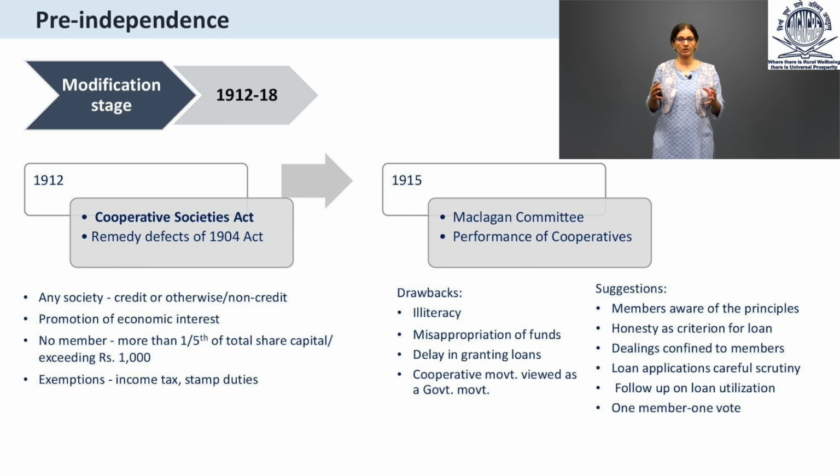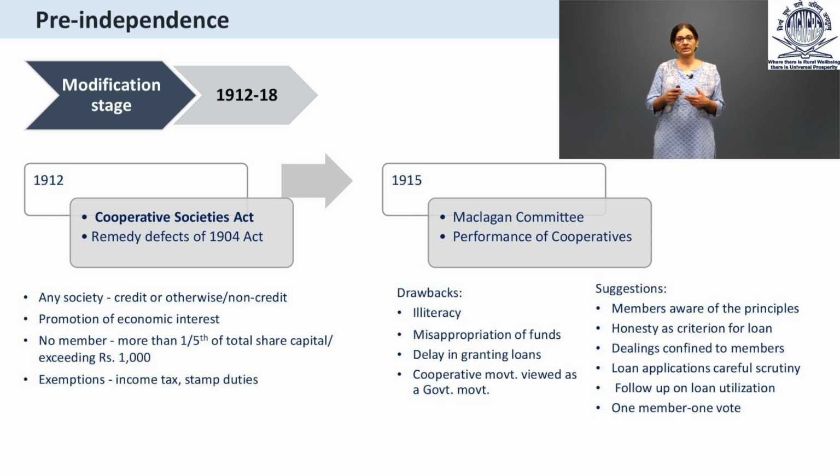So these different factors formed the drawbacks of the cooperative movement, and this is what was noted by the committee. The committee therefore made some suggestions. It said that all members should be made aware of the cooperative principles. Honesty should be the main criterion for taking a loan.